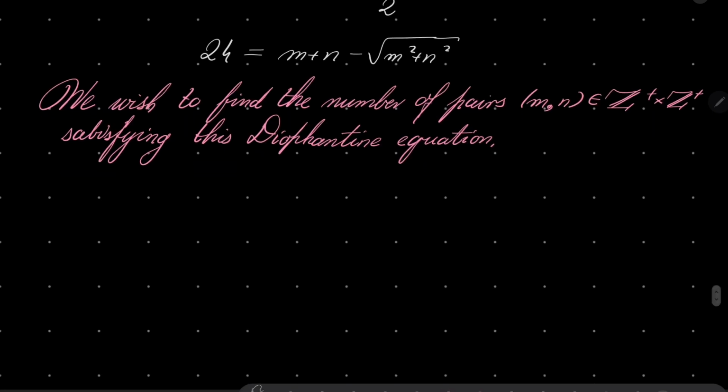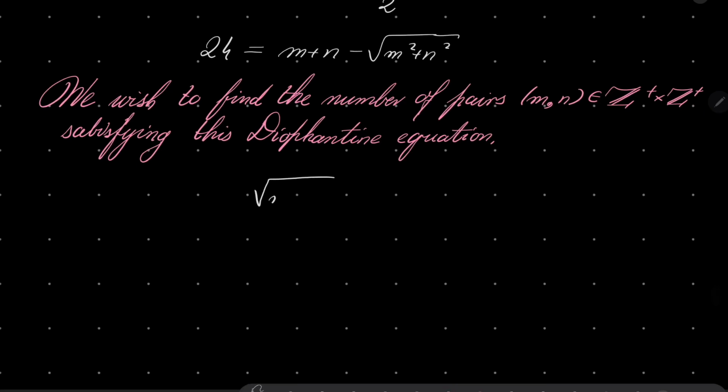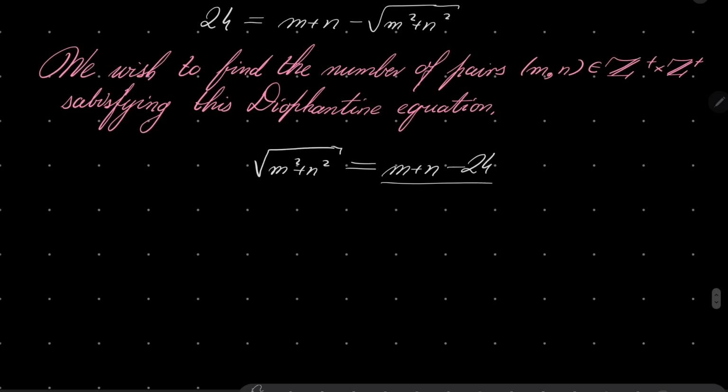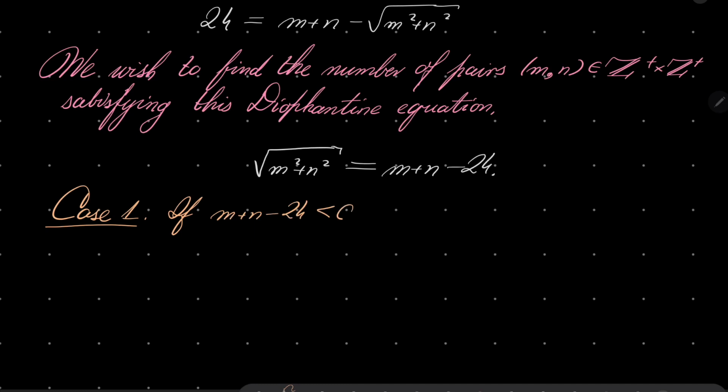Well, let's do the following. It's the square root of m squared plus n squared equals m plus n minus 24, and we have two cases. If the right hand side is negative, then we have no solutions. When it isn't, we can raise both sides to the second power. We have two cases. Maybe let's write them. Case number one, if m plus n minus 24 is less than 0, then we have no solutions.